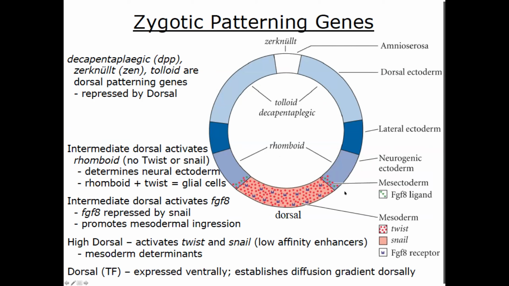So at this end, the green end, the FGF receptor is present in the dorsal cells, but the ligand is not seen everywhere, only where snail has not been expressed, so it's not repressed, and FGF ligand expression is initiated. These cells are adjoining the mesoderm and the ectoderm, so these are called the mesectoderm cells.